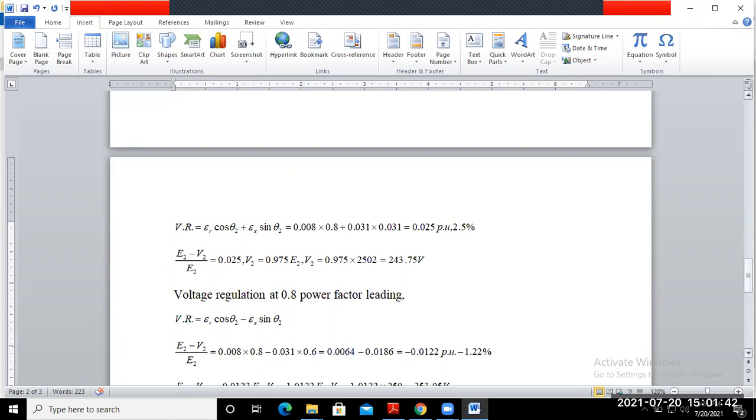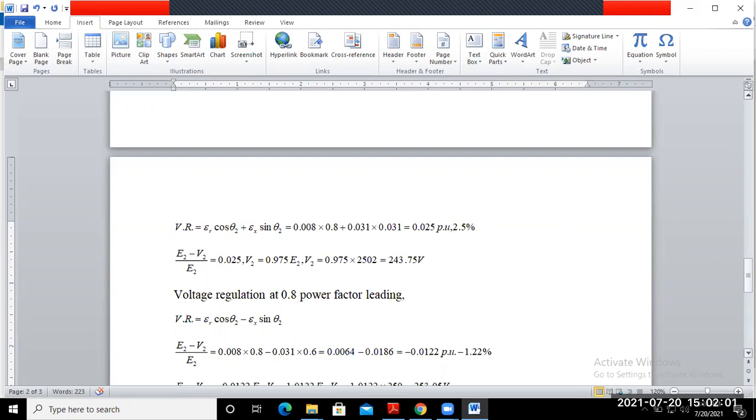Always keep in your mind that voltage regulation at lagging power factor is equal to E2 minus V2 divided by E2 equal to per unit resistance cos theta 2 plus per unit leakage reactance sin theta 2.